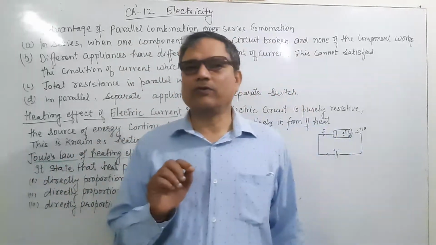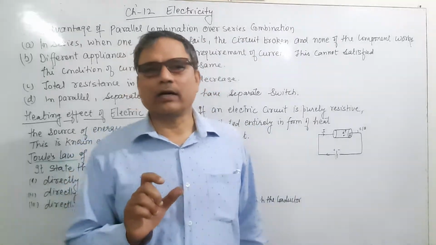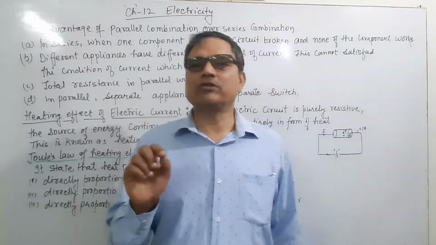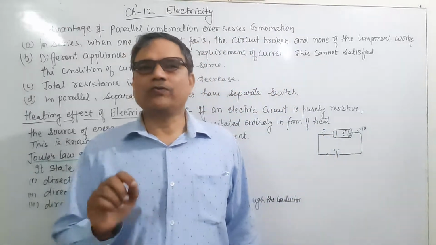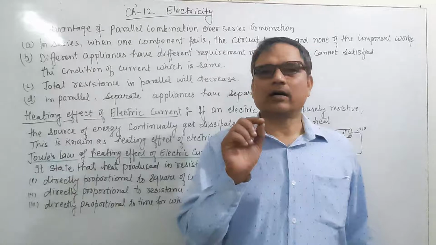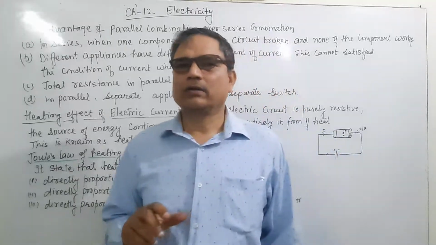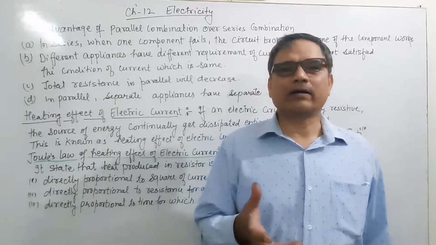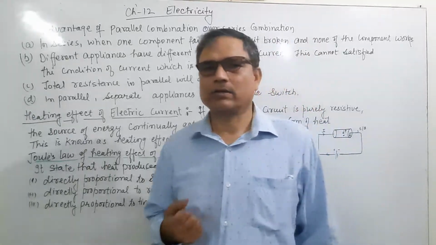And third, the total current in the circuit is the same as the current which passes through the individual resistance. If we add all the currents of R1, R2 and R3, it is not equal to the total current in the circuit. These are some drawbacks of the series combination.